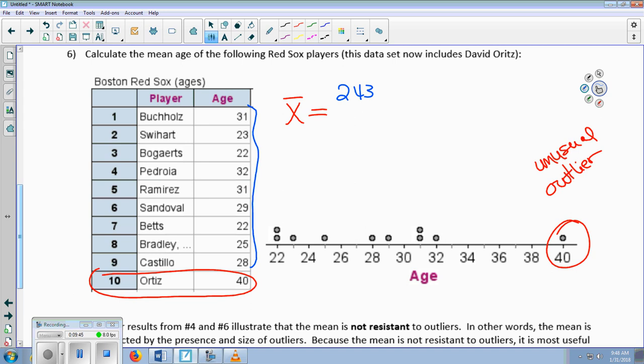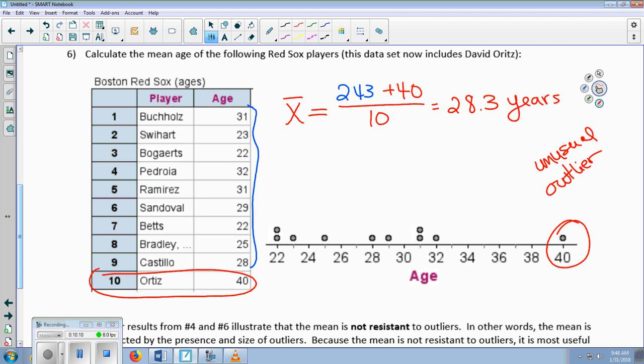But we also need to add our new data point, which was 40. So we have this additional age. And overall, that's going to be 10 observations now, so we're going to divide by 10. And our new average or mean is going to be 28.3 years.